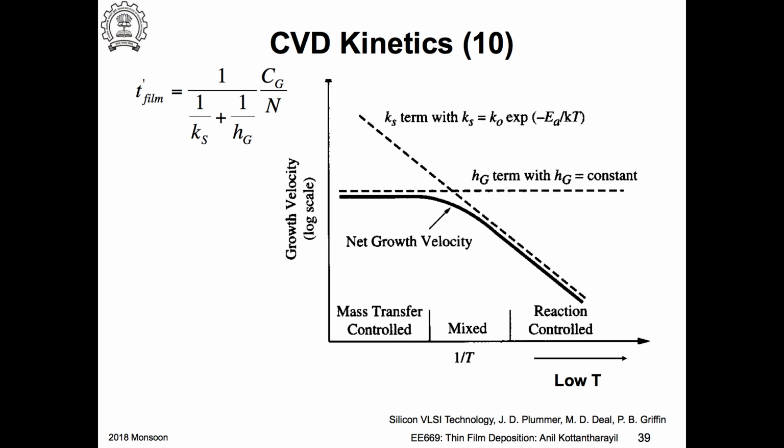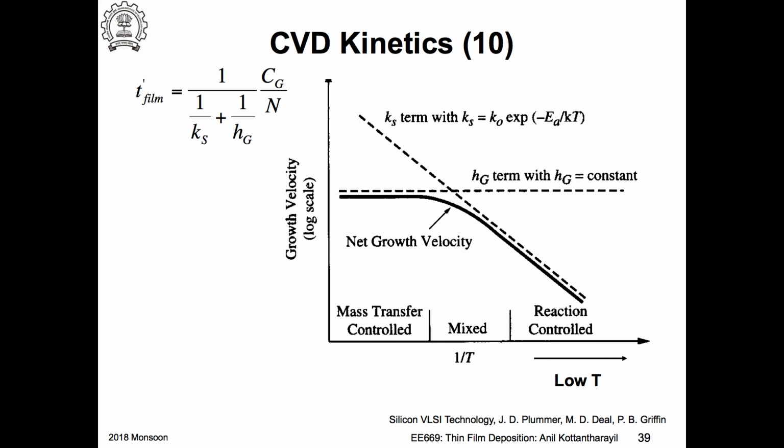So this can also be drawn in this way. You have this Arrhenius plot, growth velocity, that is the T prime that we discussed on a previous slide, plotted as a function of 1 by T. So this is an Arrhenius plot, right? And you can see that this is your Ks term, and that has an e to the minus Ea by kT form.